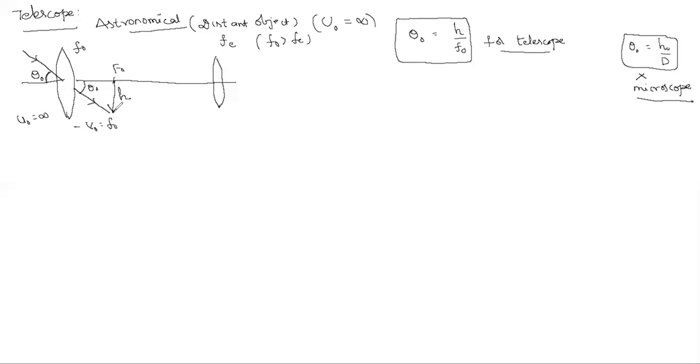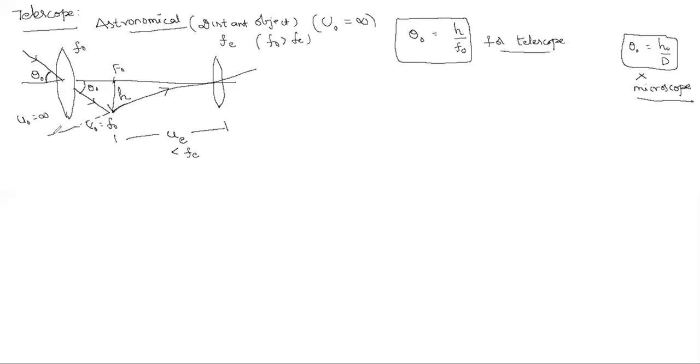The object for the eyepiece. So these are the rays coming towards the eyepiece. Suppose this is the object distance ue for the eyepiece. Suppose it is less than fe, then the image will be formed on the same side.